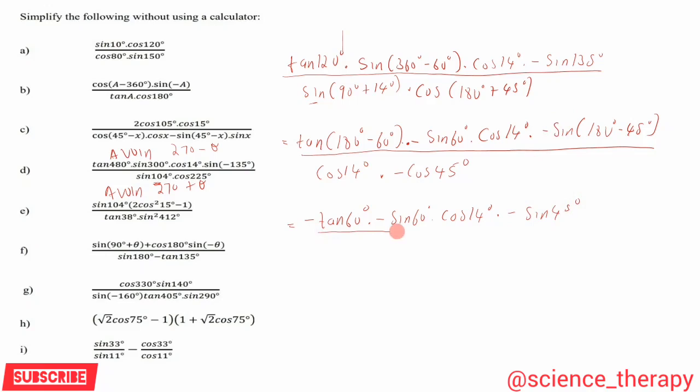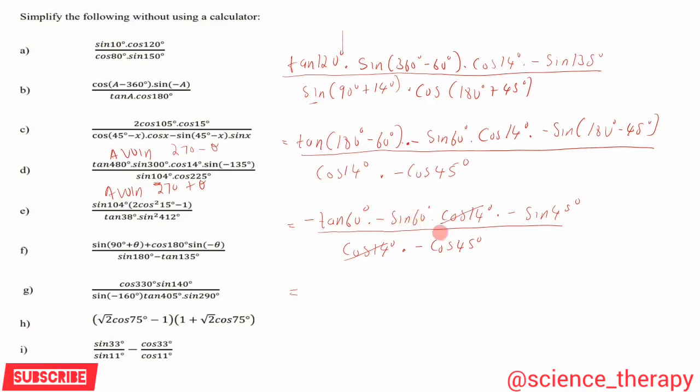Then over cos 14 degrees times negative cos 45 degrees. Now at this point, we want to cancel out all the non-special angles. So cos 14 and cos 14, they're the same, they can just cancel out.